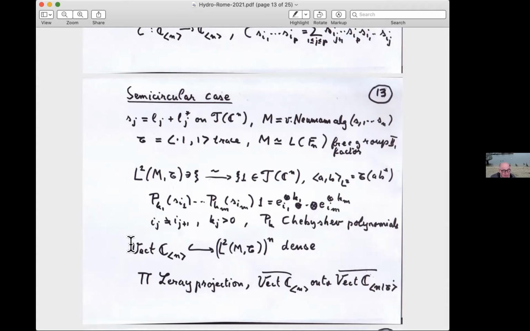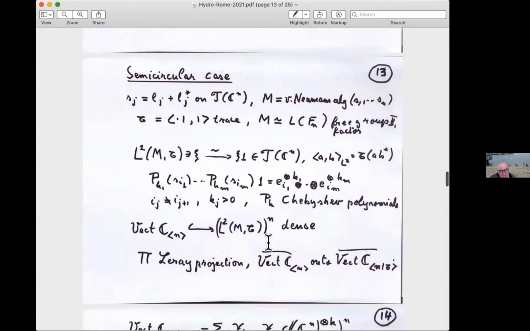And now I'm having a map from the vector fields for Cn. This Cn is the non-commutative polynomials. The vector fields is just the nth power of this, so n components of such polynomials. I map them into L2 of this von Neumann algebra M tau, and it's a dense subset.